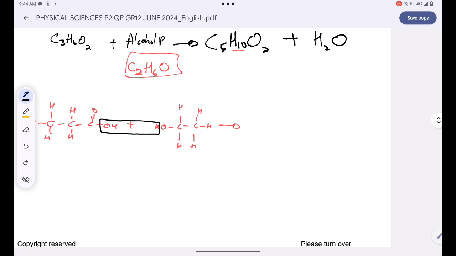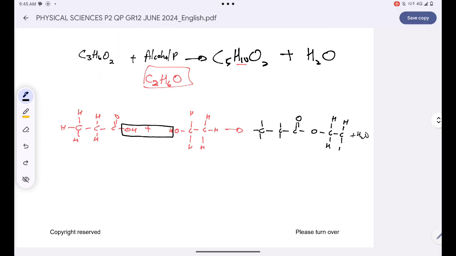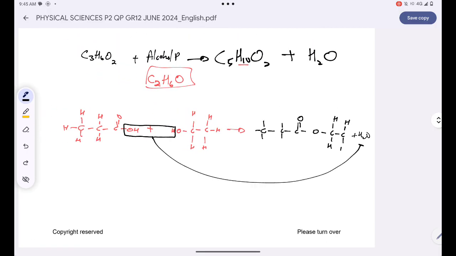In the presence of sulfuric acid, we'll end up having an ester plus H2O. All you have to do is remove that part, and join these two compounds together to form our ester.